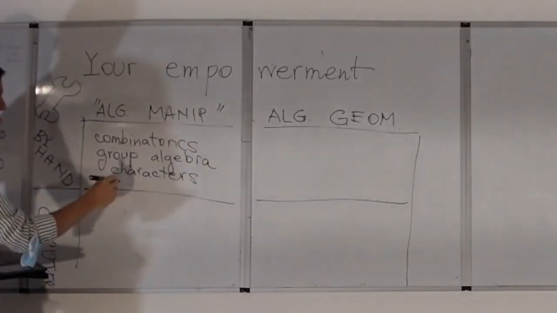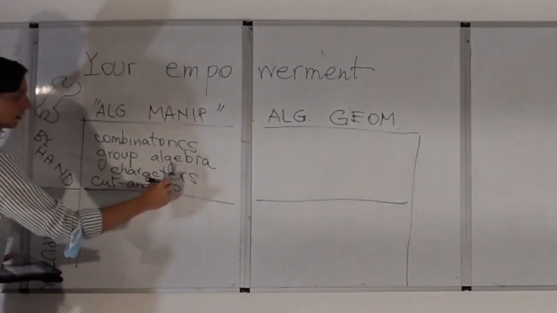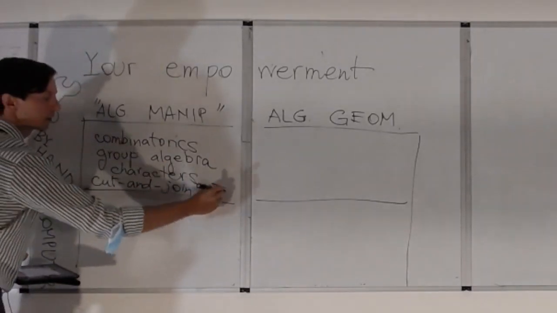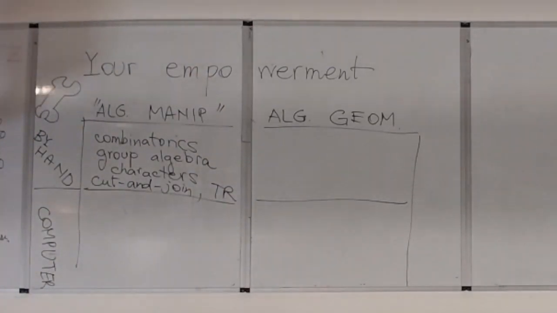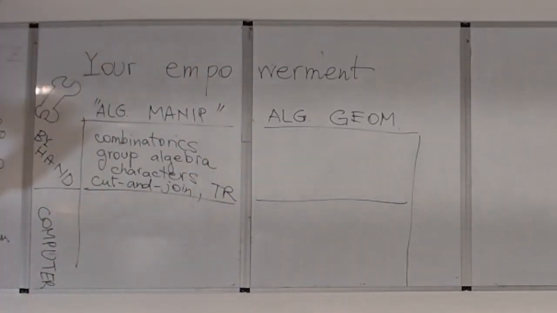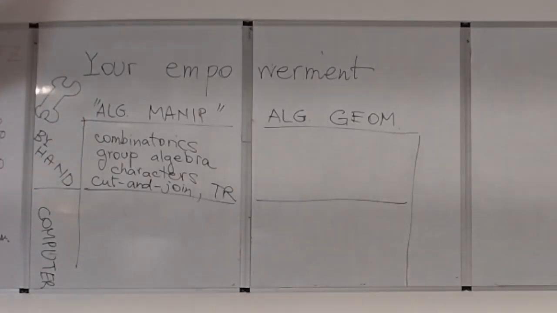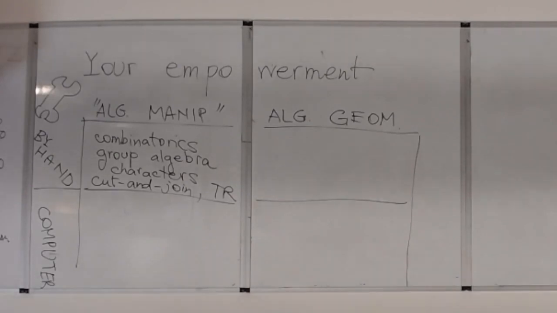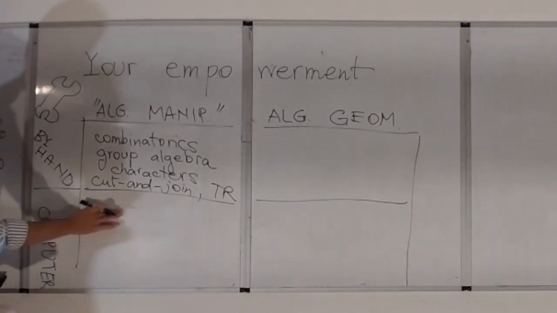We can use cut and join recursion. We can use TR, of course, by hand. I wouldn't advise that, but maybe just for the very few omega g,n you want to try. The curve is not as nice as the Airy one, for example, if you start computing Hurwitz numbers by hand. But still, it's doable.